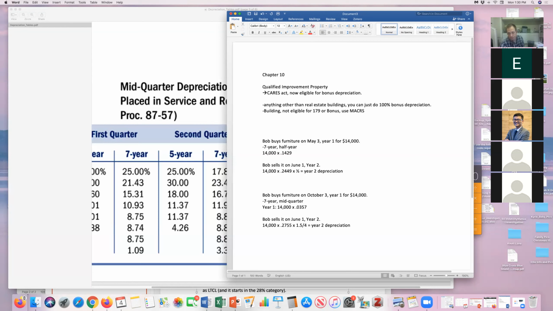The bonus depreciation is only for the first year. Same with 179. Congress is ostensibly trying to influence somebody's decision to buy something. So if they already bought it last year, then they're like, well, you already bought it anyway. We don't want to give you the incentive. I guess that's how you can remember it.